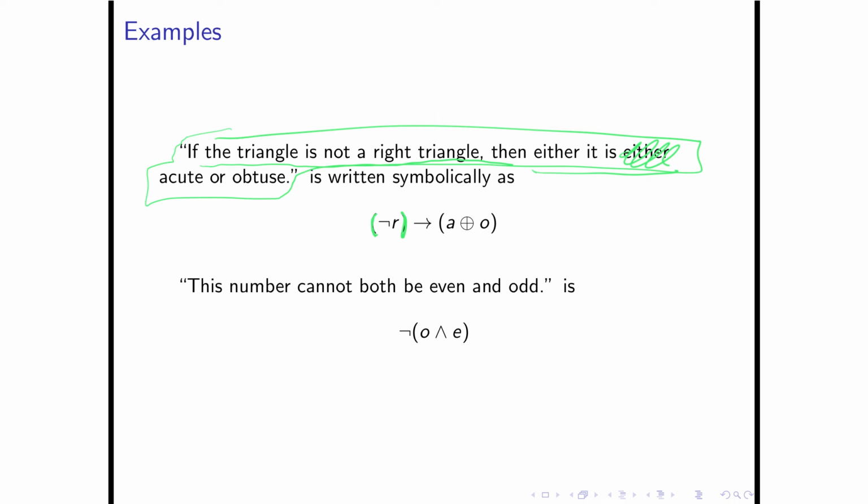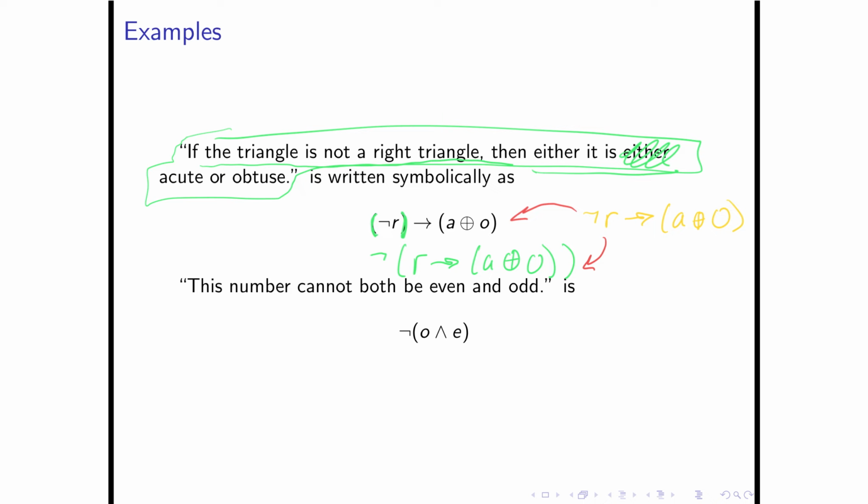By putting the parentheses around the negation of R, we are distinguishing this from the very different sentence, the negation of (R → A ⊕ O). If you didn't have any parentheses telling you which way to read it, you wouldn't have any way of knowing which one this was supposed to mean. So the parentheses here are to make this explicit.